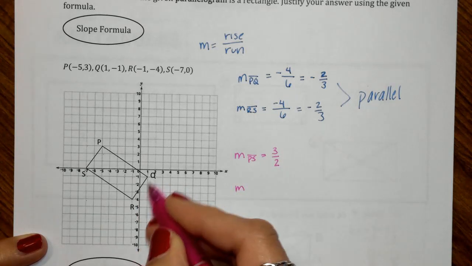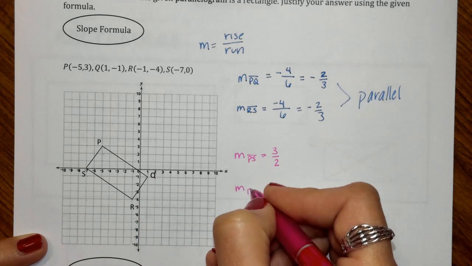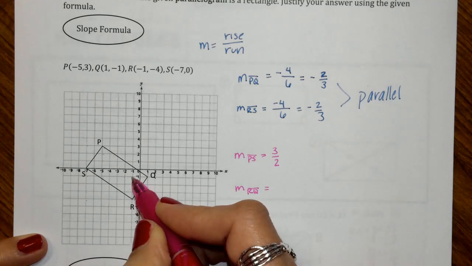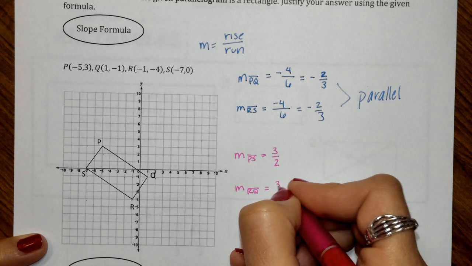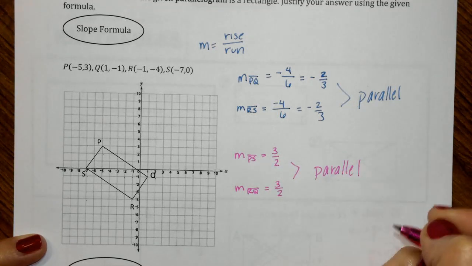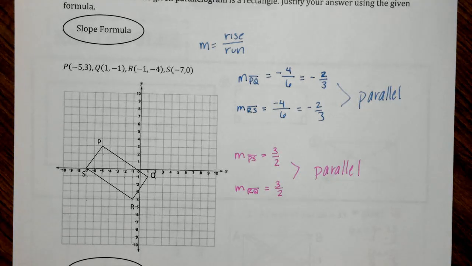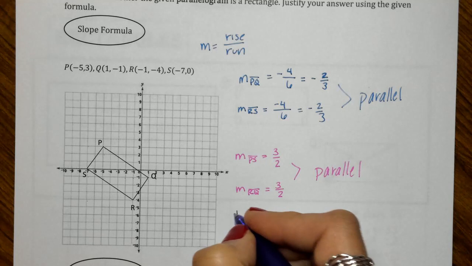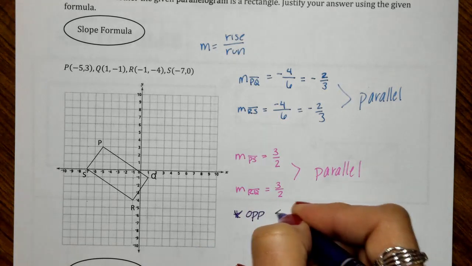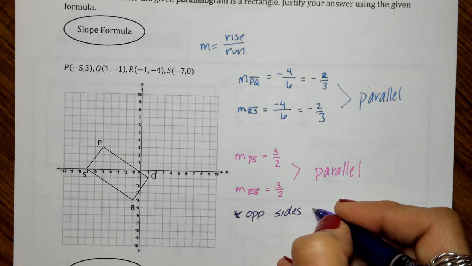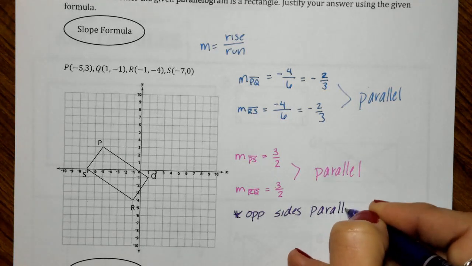The slope of RQ, the opposite side, also has a rise of 1, 2, 3 and a run of 1, 2. So we do have parallel sides here. Opposite sides are parallel because they have the same slope.